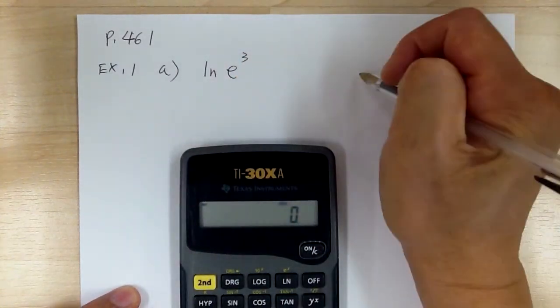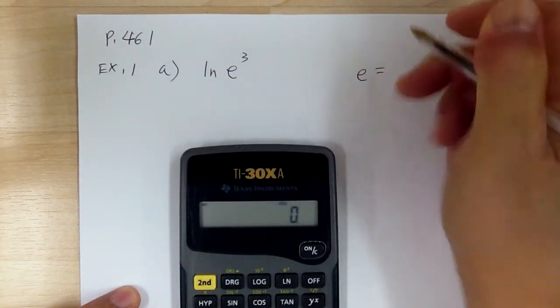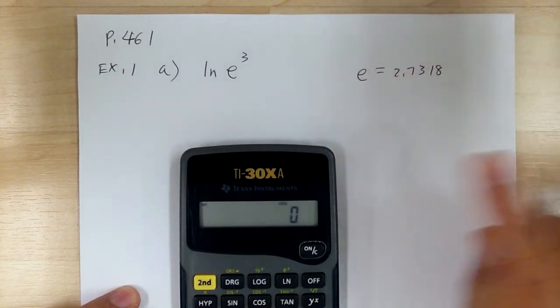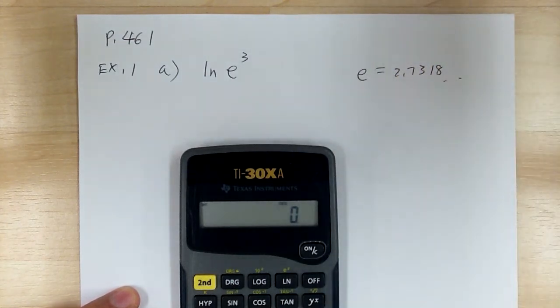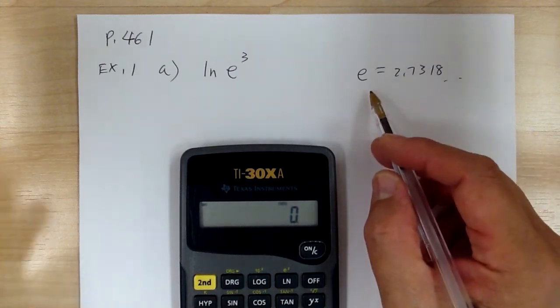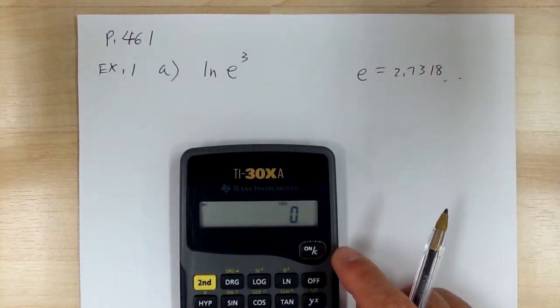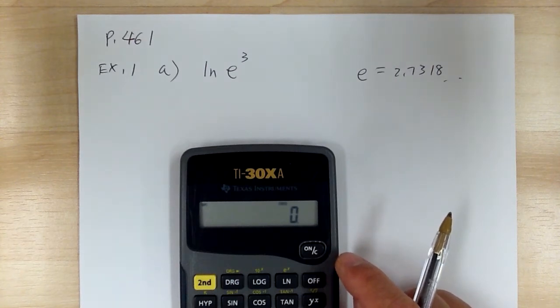So natural log is base e, and e is equal to 2.7318, something like that. Just like pi. Pi is a special number, 3.14159, and so e is a special number. It's 2.73 something.